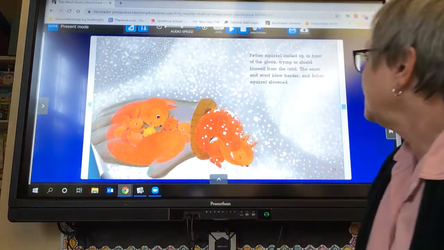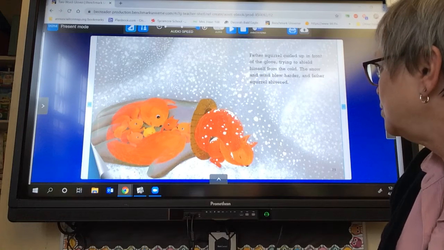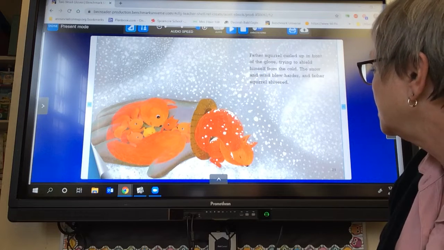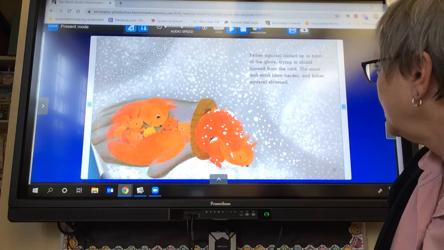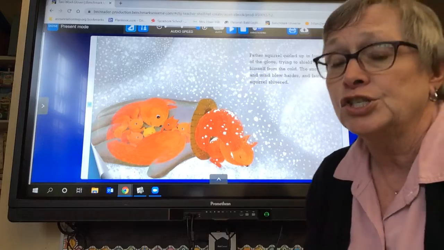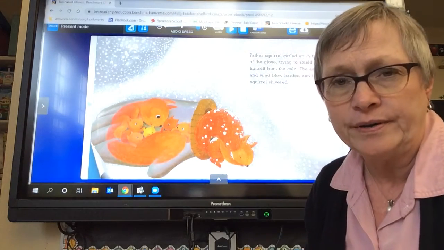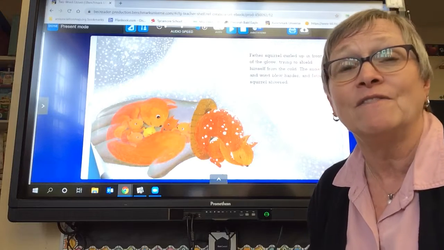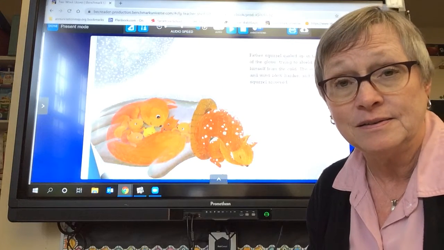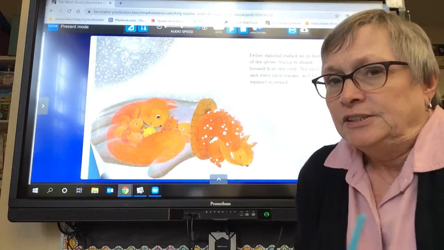So it says the father squirrel curled up in front of the glove, trying to shield himself from the cold. The snow and wind blew harder, and father squirrel shivered. What action word tells me what father squirrel did to stay warm? That's right.